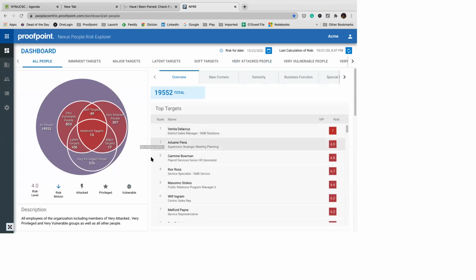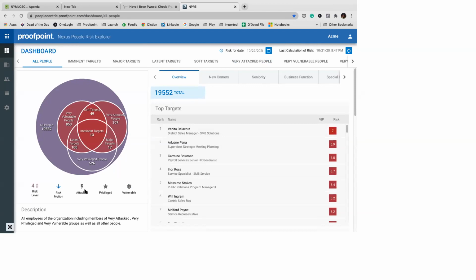So the next question is applying security controls to a group of people. And the challenge here is really to select the right group of folks, because you're not necessarily going to do that for all 20,000 people. And that's where we've provided additional segmentation. The result is this grouping of employees according to their risk characteristics, right?